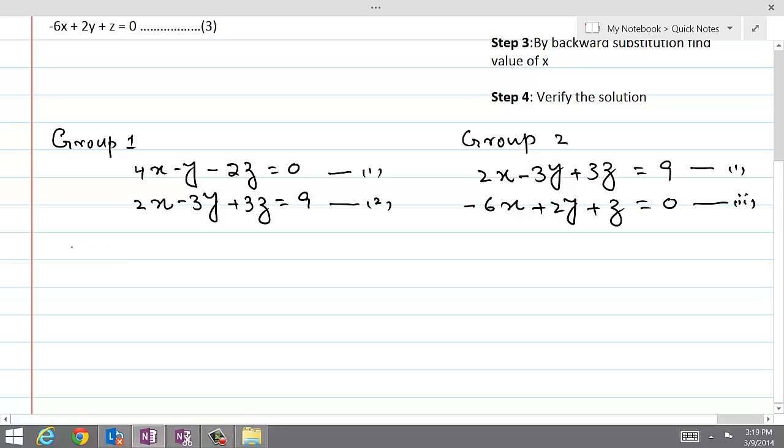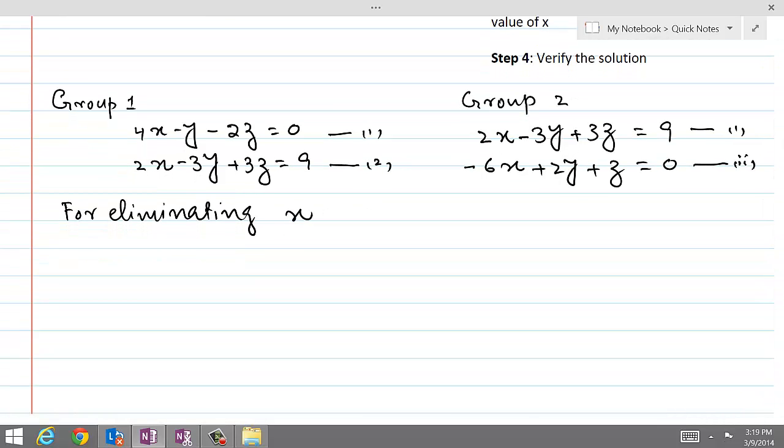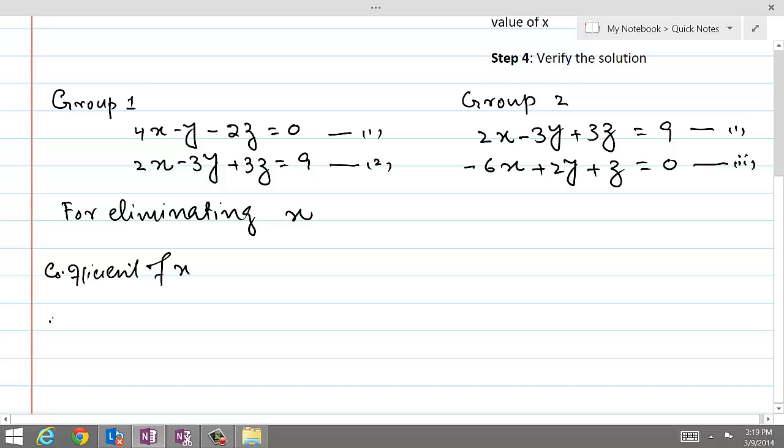So for eliminating x, we have adopted a standard procedure for 2-dimensional straight lines. In that, we write the coefficient of x for both equations.